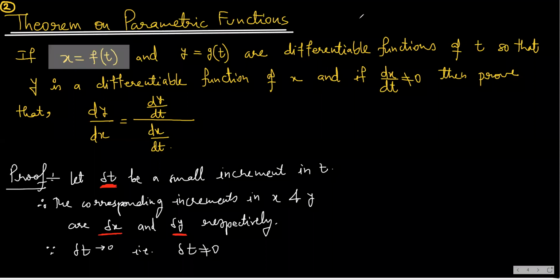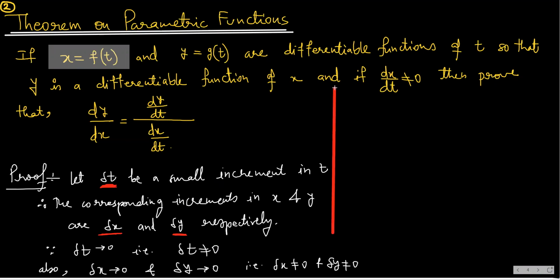So is the case with the others. Also delta x tends to 0 and delta y tends to 0. They all are small changes. That is, delta x is not 0 and delta y is also not equal to 0. This you have to write. This is the end of the second step.